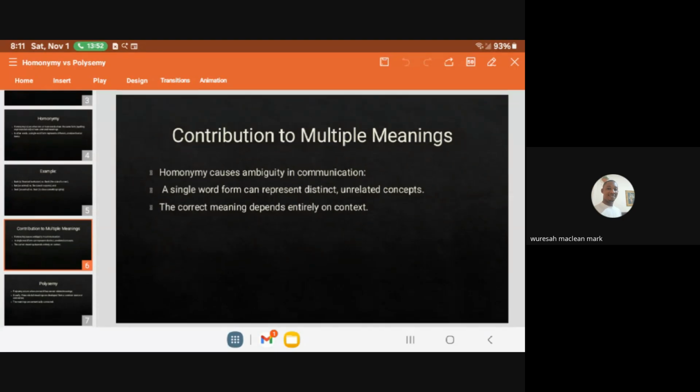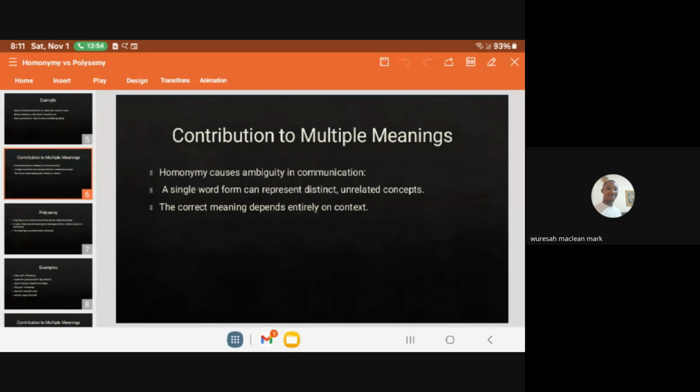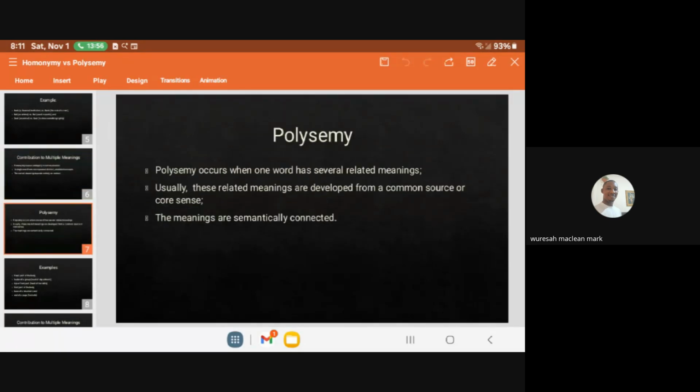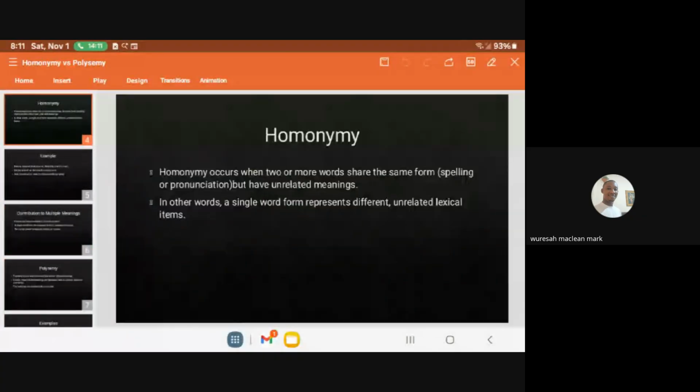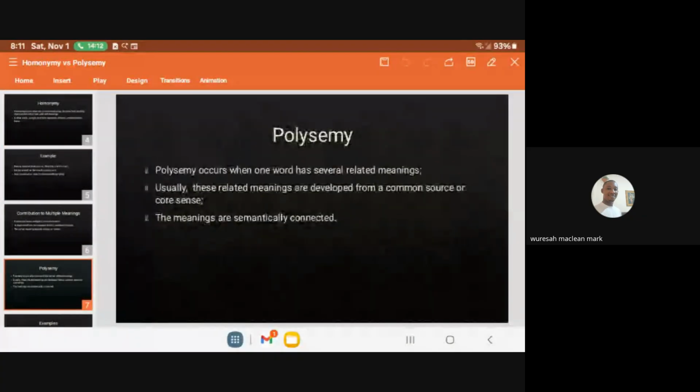Okay, so I now move on to polysemy, and here polysemy usually occurs when one word has several related meanings. If you compare to the earlier homonymy, you will realize that with polysemy, that particular word has several related meanings.